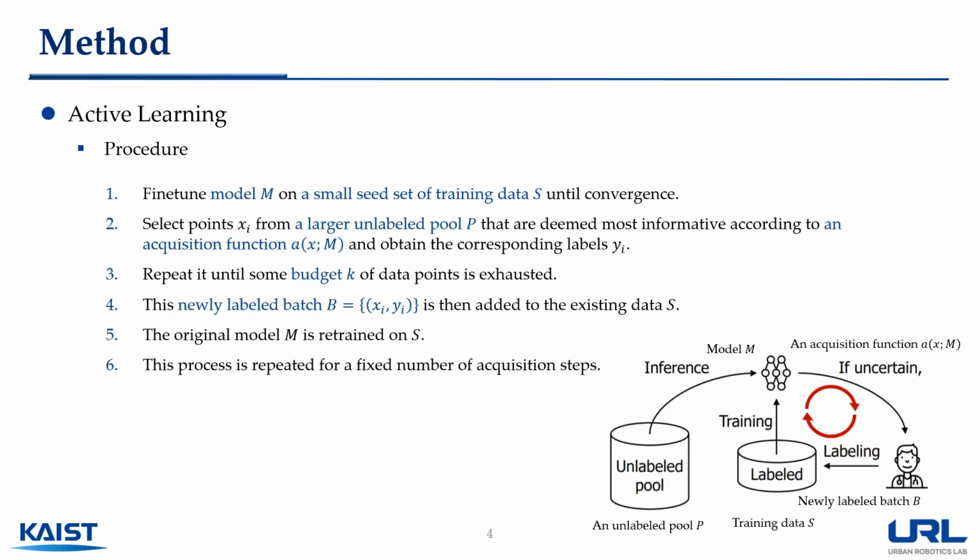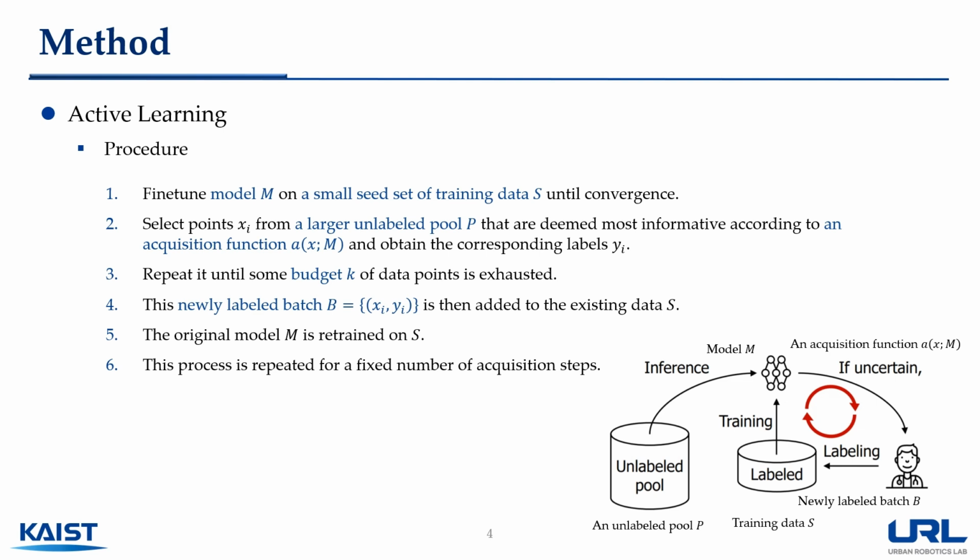This is the procedure of active learning. First, active learning fine-tunes model M on a small set of training data S until convergence. And then it selects points X from a larger unlabeled pool P that are deemed most informative according to acquisition function A, and obtains the corresponding labels Y. Repeat this until some budget K of data points is exhausted.